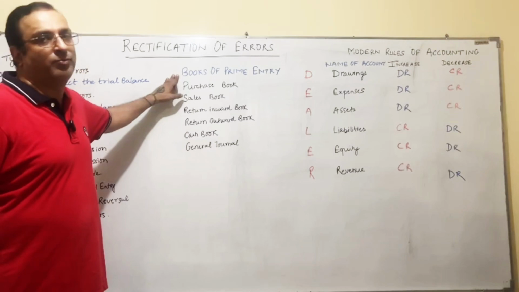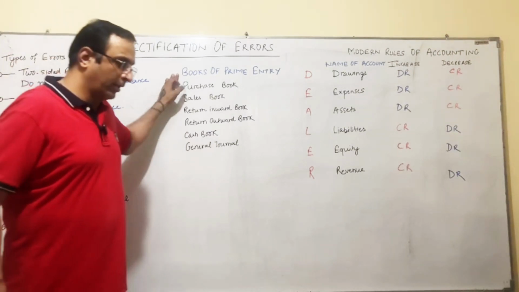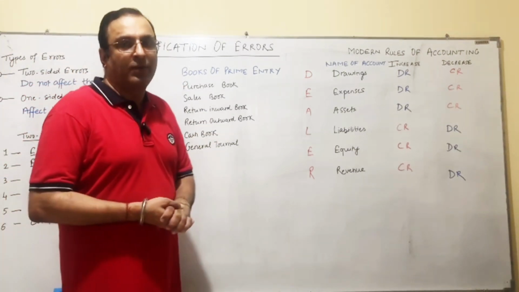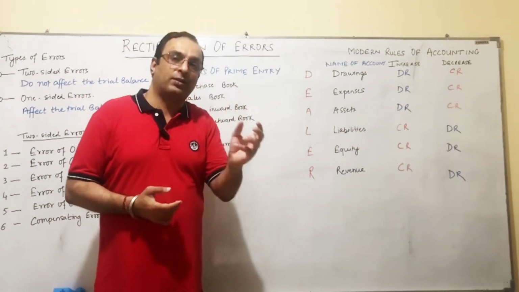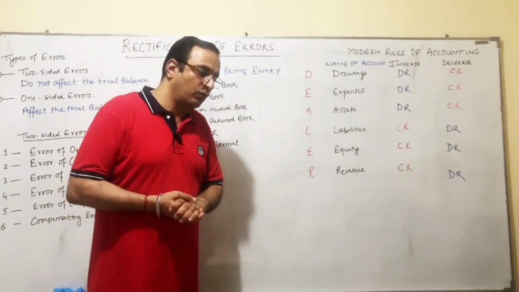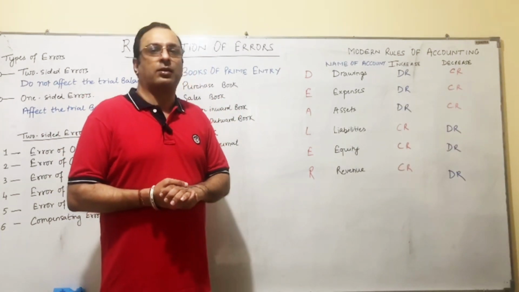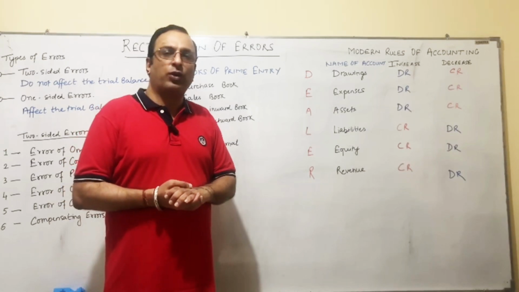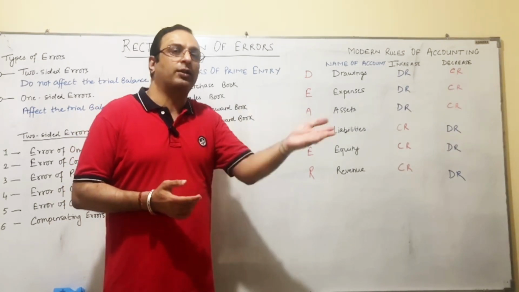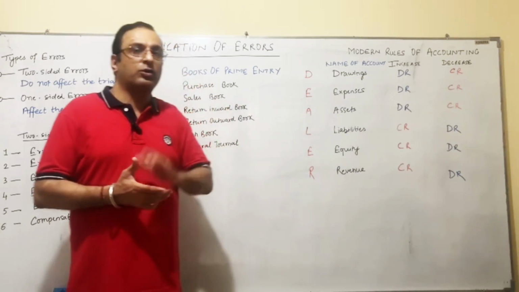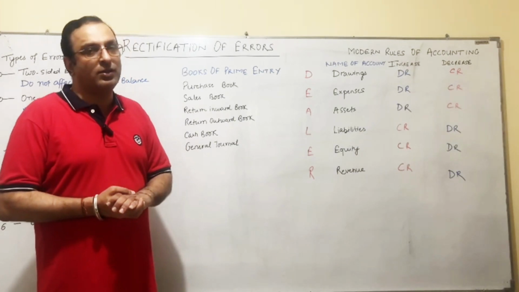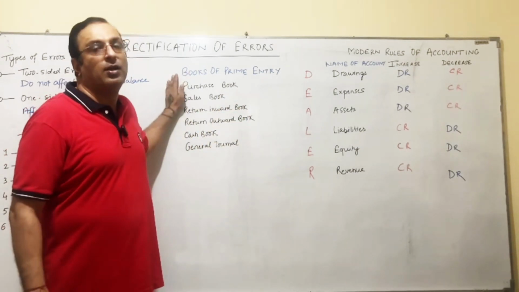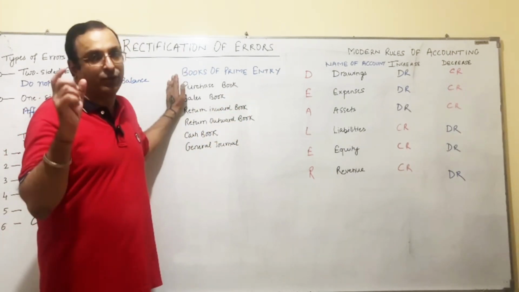What are these books of prime entry? So guys, as we know that the first step is identifying the financial transactions, the transactions which can be measured in terms of money. Once we identify, we start recording them. And the first books in which we record these transactions are the books of prime entry or books of original entry.